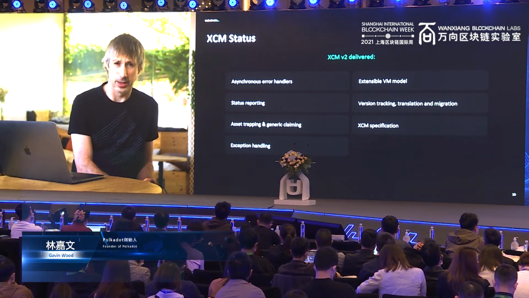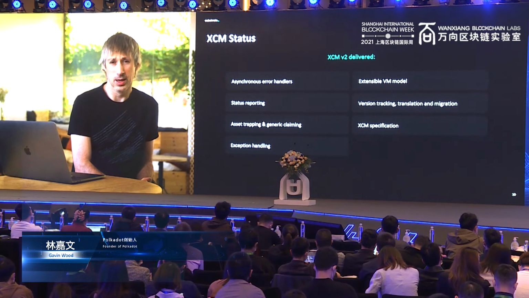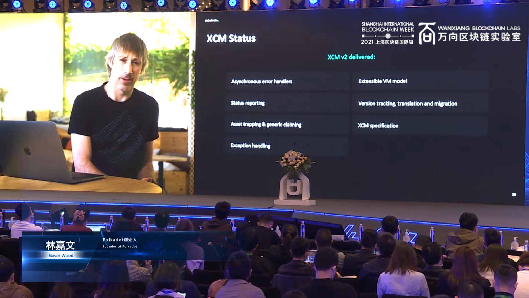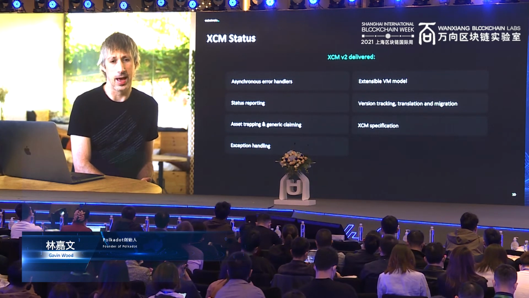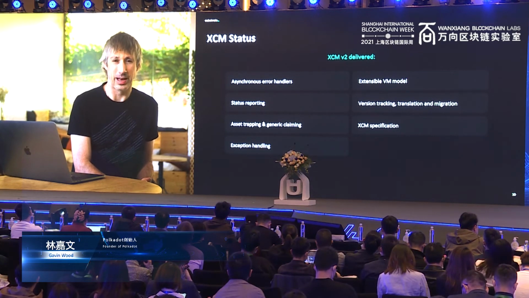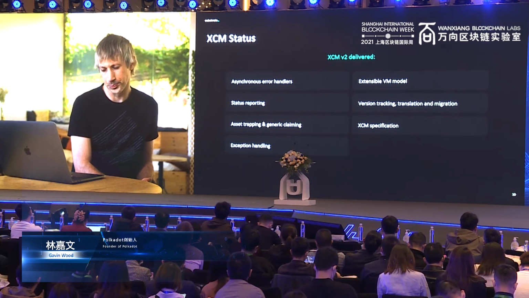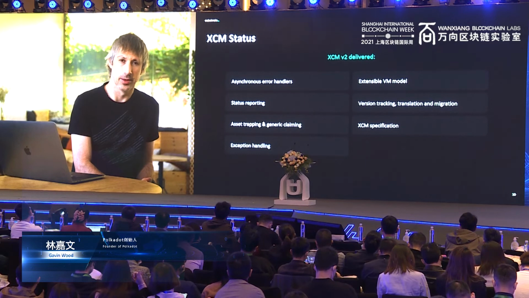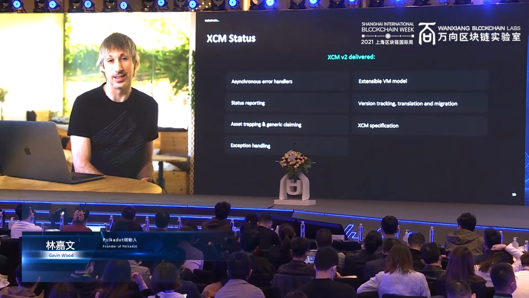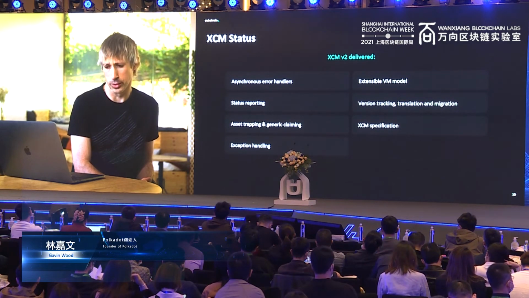Asset trapping and generic claiming system, allowing for the possibility of assets that are left accidentally or otherwise at the end of an XCM execution to be claimed at a later time. This, I hope, will ensure that assets that are valuable do not accidentally get lost or destroyed.